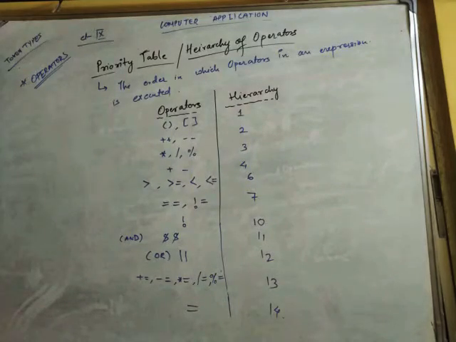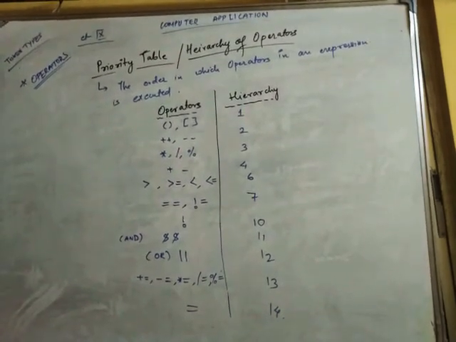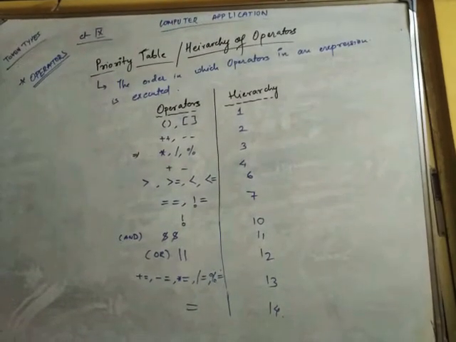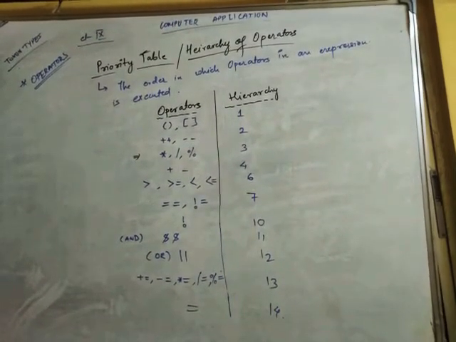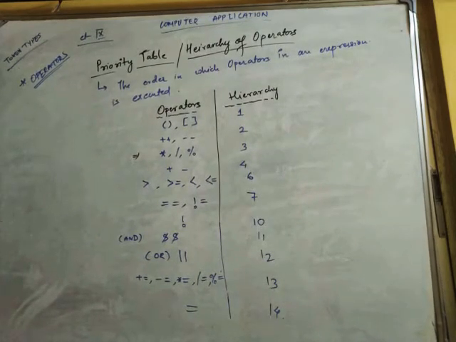So unlike BODMAS, where if we get division first we solve division, and if multiplication is there, that will be solved later according to BODMAS. But in Java, into, division and modulus have the same priority. It means in an expression, if we have into, division or modulus, it will get solved whichever comes first from the left hand side in the expression.